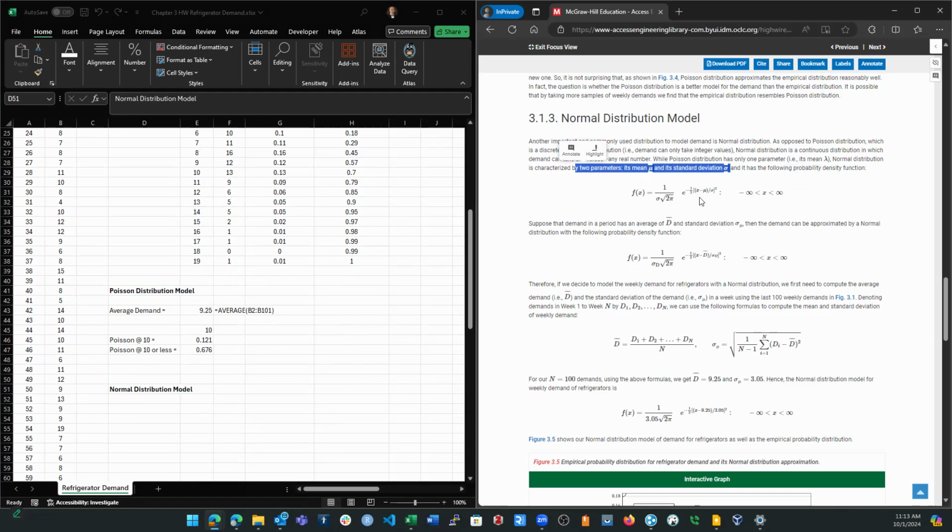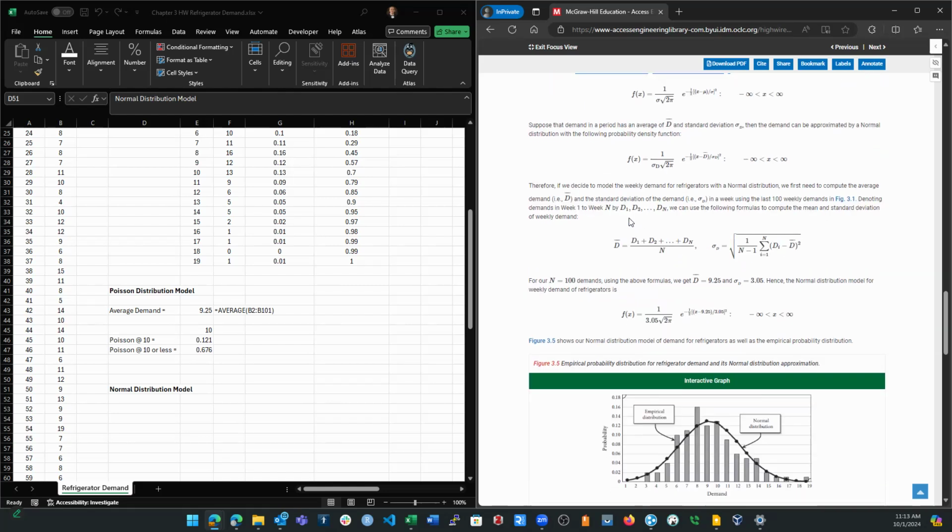And here's the density function. Here are the mathematical formulas about how to derive this information, right? What we're most interested in is what the normal distribution says will be the probability of a particular demand for next week.